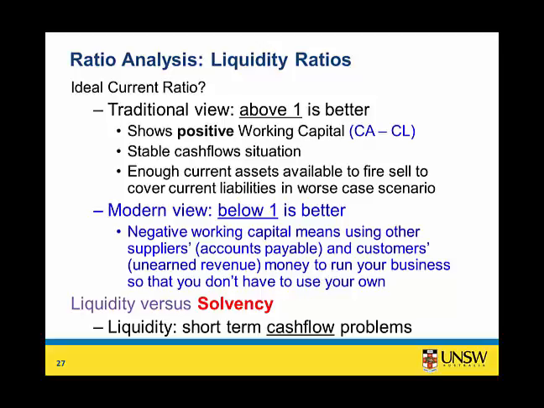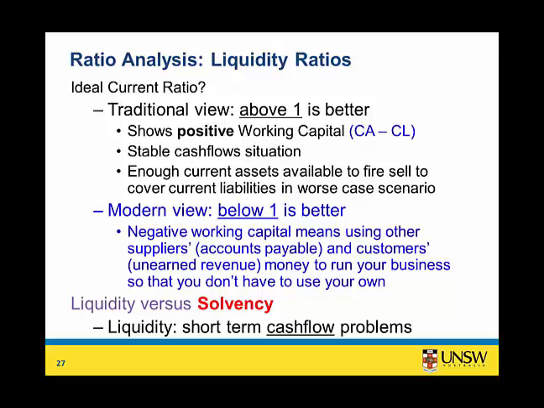However, we contrast this with a modern view, that below one is better, such that a company doesn't have idle cash, i.e. that they are using other people's money to fund the company. So essentially the company is using its accounts payable to generate sales rather than the company's own money. So they are leveraging off of their accounts payable in order to make sales.